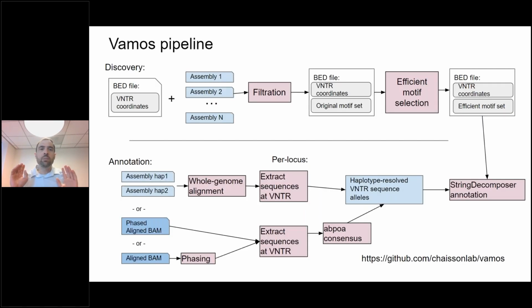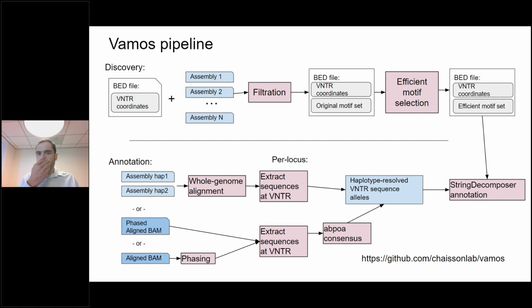Okay, so the method that we have is called VAMOS to do this, and it has two components. There's this discovery component, whose results are essentially the last few slides that I've shown, where we take a set of input assemblies, as well as the tandem repeat annotations on those assemblies.